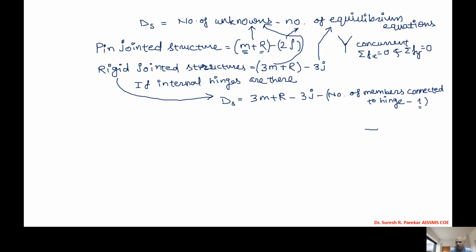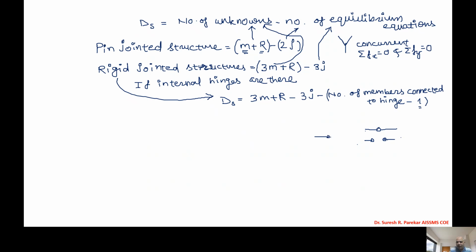If we have two members, already we are considering one equation, moment about this joint equal to 0. But if we consider an internal hinge, then we will have two equations. So moment from left equal to 0, moment from right equal to 0. So out of two, one is already considered, and therefore number of members connected to the hinge minus 1.